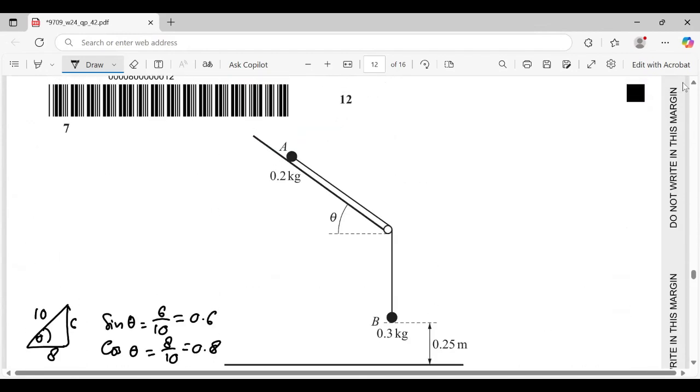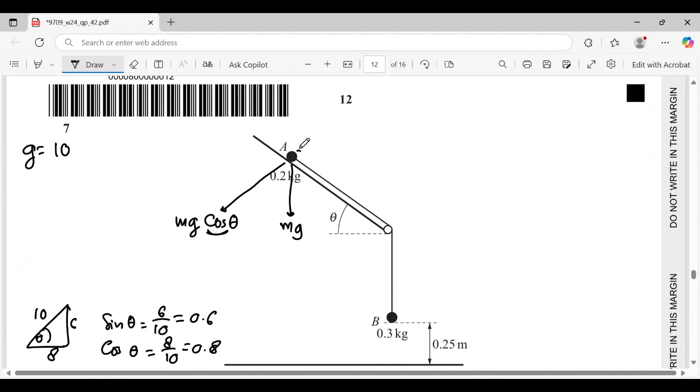I would like to show you the forces acting on particle A and particle B. The first is mg, or 0.2 times 10, using the gravitational acceleration 10. And then there is a force, mg cosine theta, so 0.2 times 10 times 0.8.